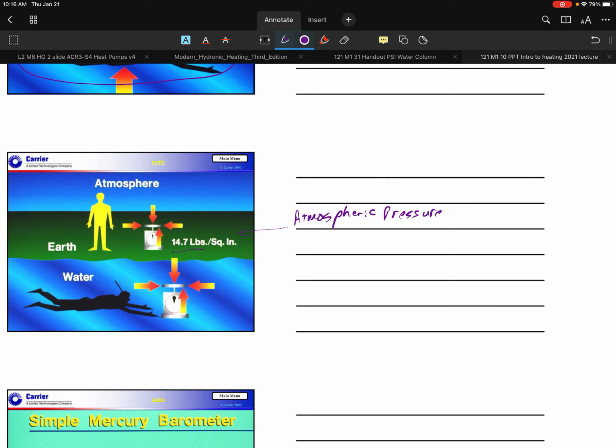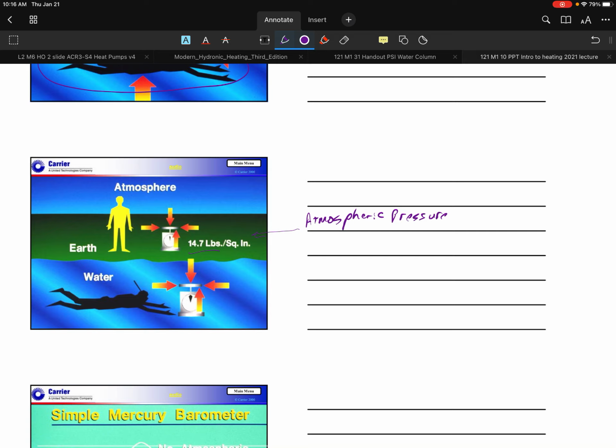Now, what are those forces? In this case, as you can see, the arrow is pushing down, pushing to the left, pushing to the right, pushing upward. It's essentially the same pressure all over. If I put my hand out in the air, I don't have a significantly lower pressure below my hand than above my hand. Let's call it the same for the most part. That's just simple atmospheric pressure.